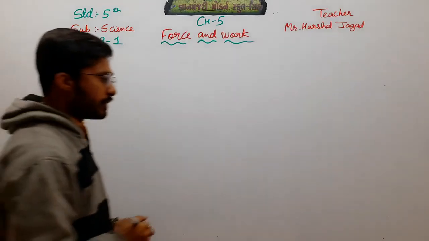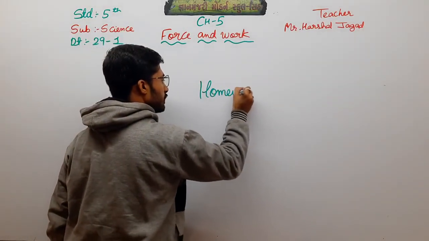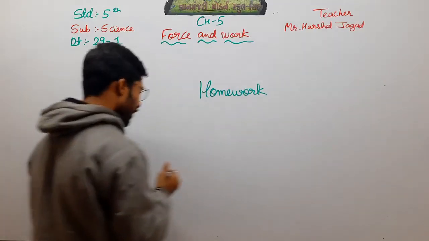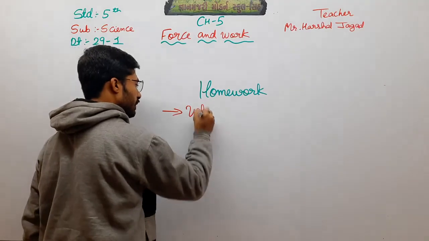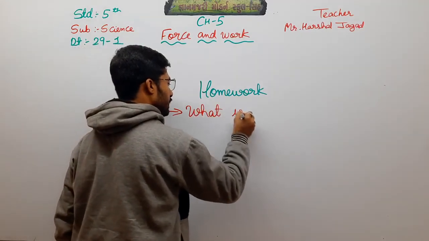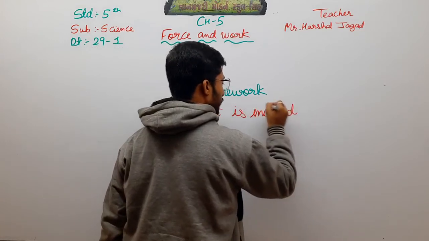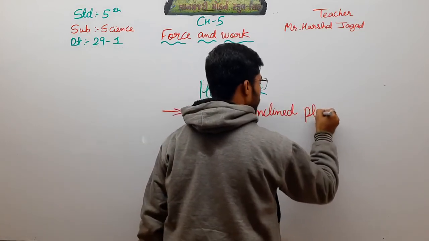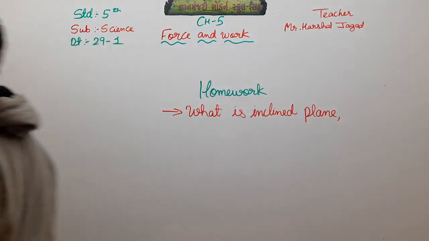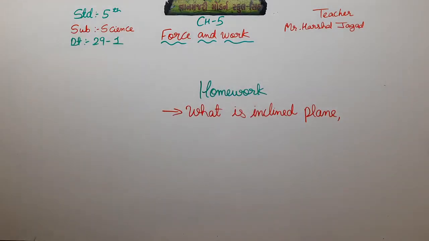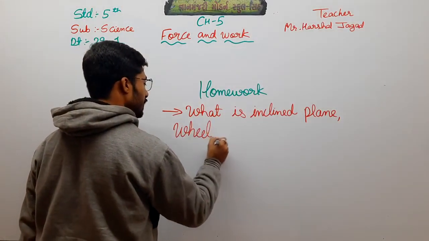So here in your homework you have to write down what is inclined plane, then after what was wheel, screw.